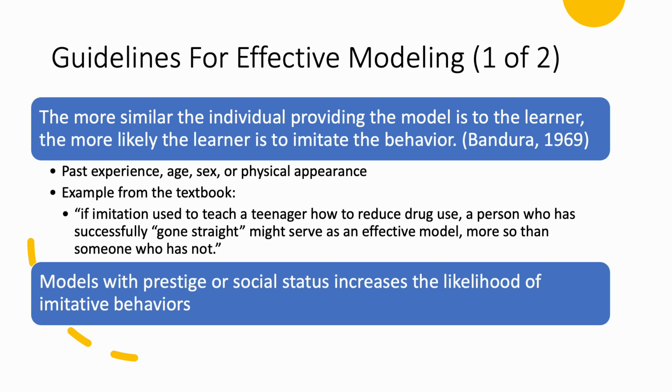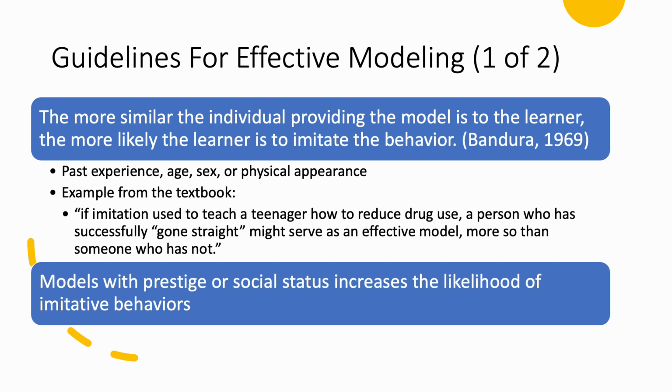For example, if you're working with a 10-year-old, maybe you can have someone similar in age be the model, or be in the video that you are showing. It could be the same sex. If it's a female, then you would want to show a female, and similar in physical appearance as well. All of these different things help to make the model more effective and more likely for the learner to imitate that particular behavior.